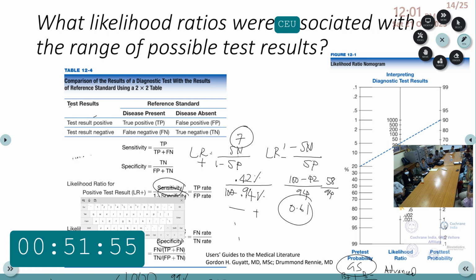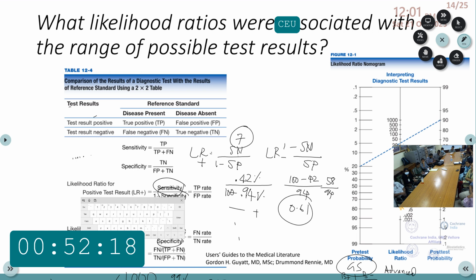So if you connect these two line segments and if you extend it, that will intersect this line, and that gives us the post-test probability. So this test is so good that the likelihood ratio that we are able to get from this test being positive is about 30. So the post-test probability has gone up. From a pre-test probability of 20, it's gone up to 90%.